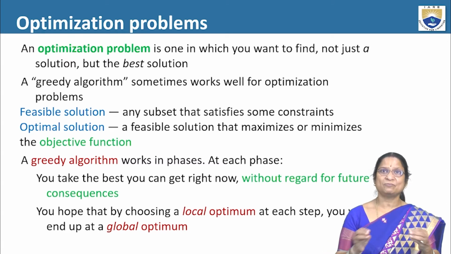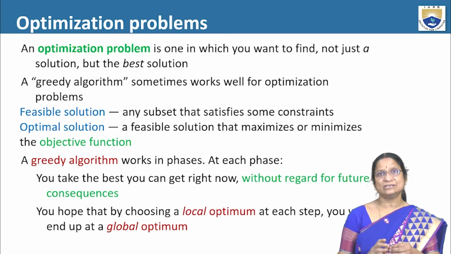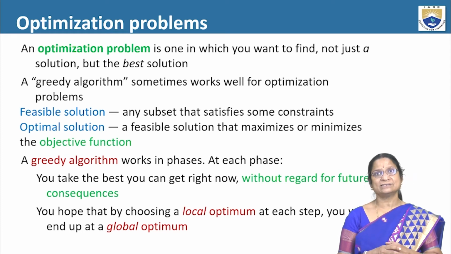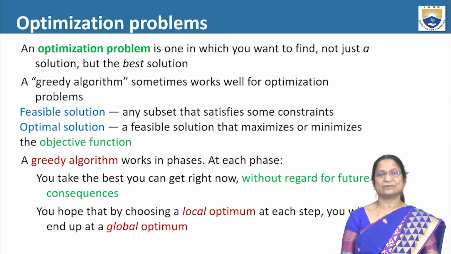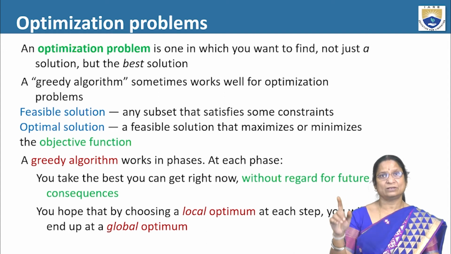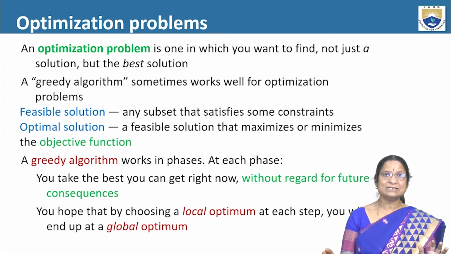For example, from one node, four or five adjacent nodes are there. Among the adjacent nodes, whichever is the least cost adjacent node is going to be chosen. We won't consider from that particular node the reachability of the solution, which may sometimes take more time. That means a greedy algorithm always focuses on the local optimum, but not the global optimum.